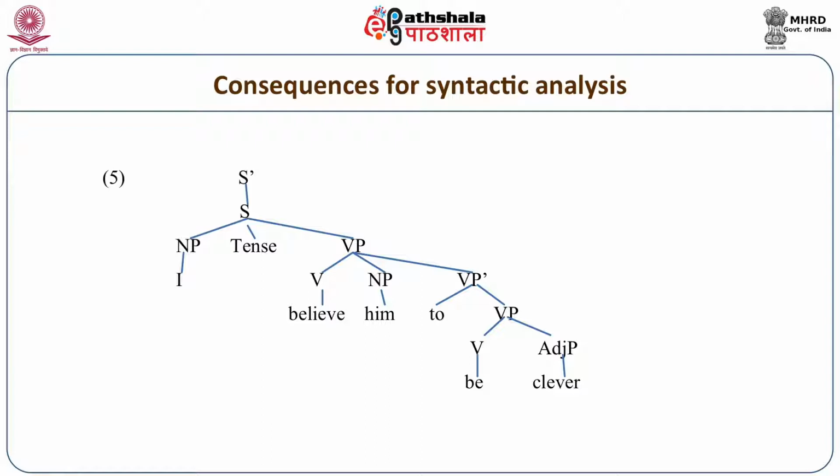That is, believe in this case has two complements: him, which is a noun phrase, and to be clever, which is a kind of verb phrase. And the claim was that although him was generated as the direct object of believe, it did not get interpreted there. It was interpreted as the subject of to be clever.